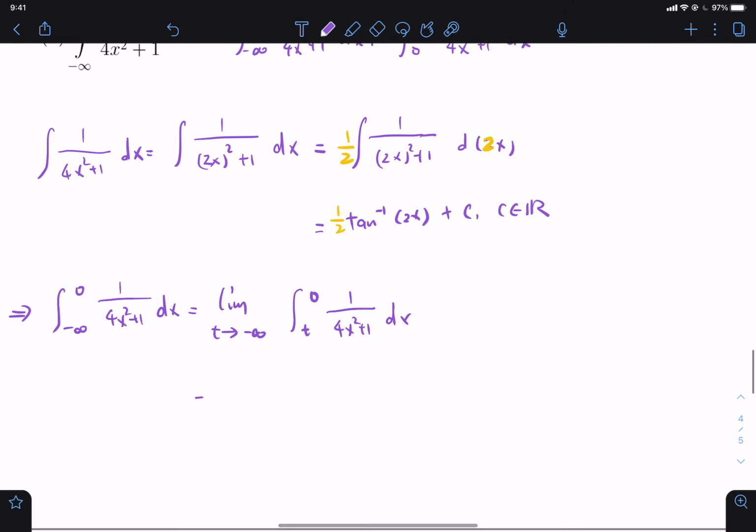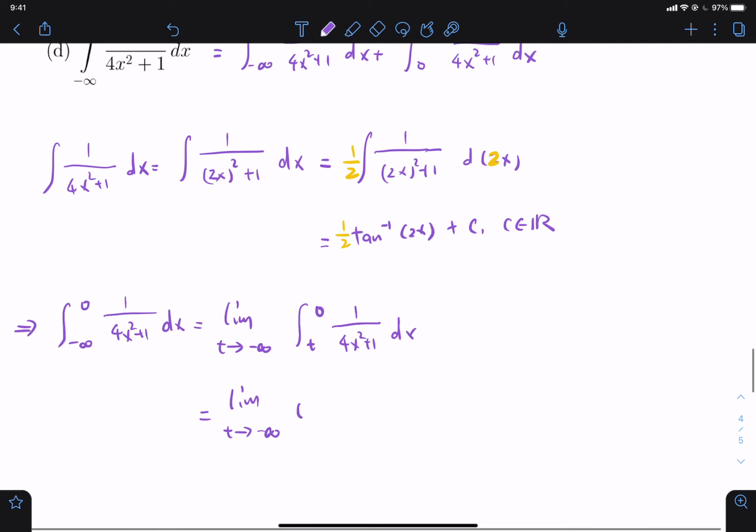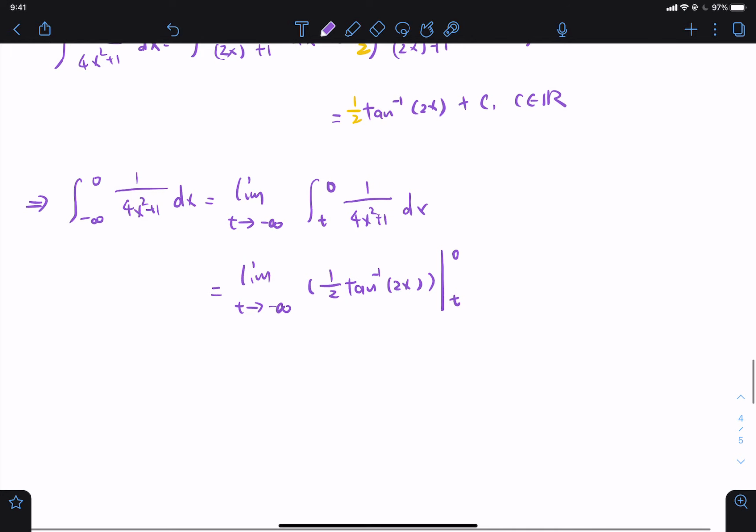And now we substitute the integral with the function we just found, that is the original function, 1 over 2 tangent inverse 2x, with lower bound and upper bound being t and 0. And now compute this.